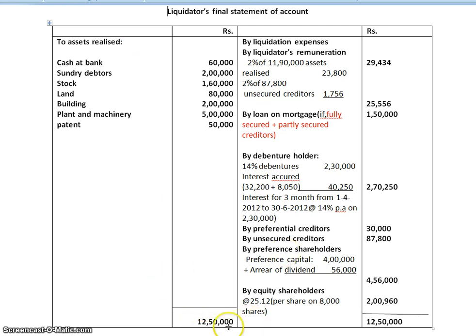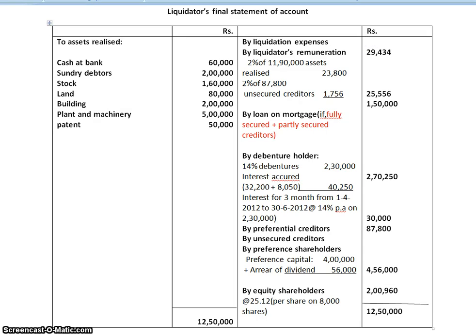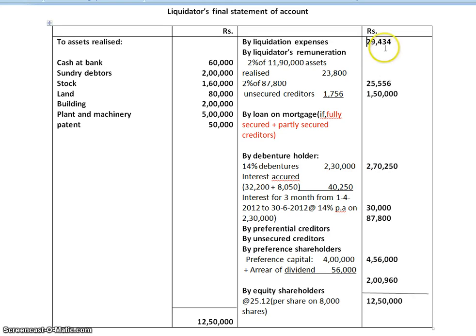Okay, 12 lakh 50,000 was realized from the assets. Now this amount will be used for paying the expenses. So first we will pay the liquidation expenses, which are 29,434. Then liquidator remuneration. Liquidator remuneration is 2% of the assets realized. Which assets has he realized?